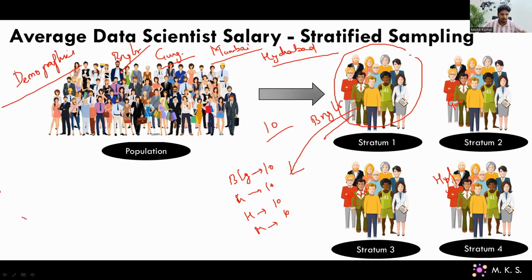If we talk about demographics, the second one can be gender, right? Male and female. Definitely, we know that there might be a difference in the data scientist salary between male and female data scientists, right? So now you will try to get your strata divided based on gender as well. And then using simple random sampling, you will pick male data scientists and female data scientists as well.